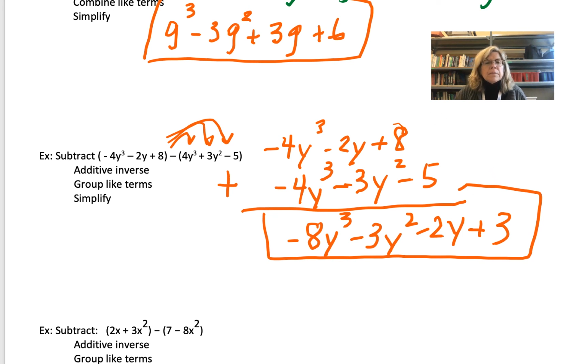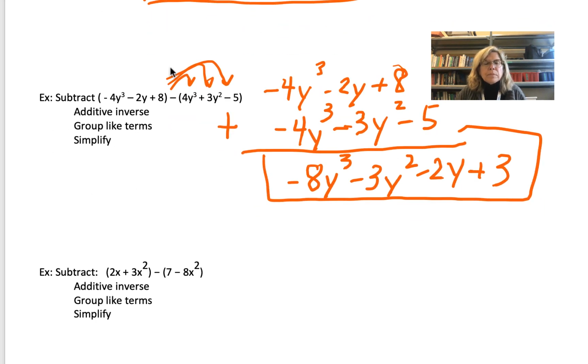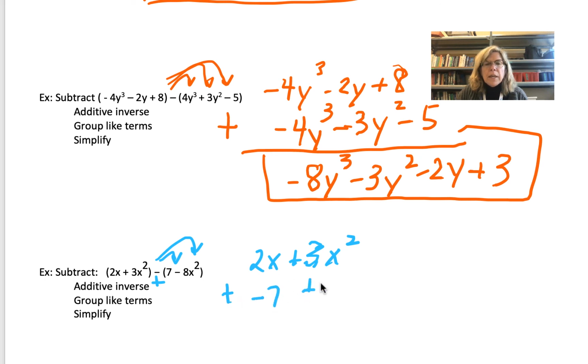Okay, one or two more, and then we'll leave you to the homework. So here we go again. The subtraction, where you distribute the negative sign. So 2x plus 3x squared, and I'm going to make this a plus, plus negative 7 plus 8x squared.